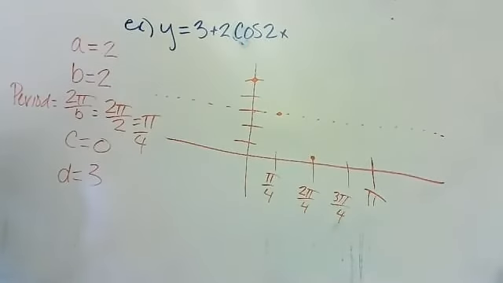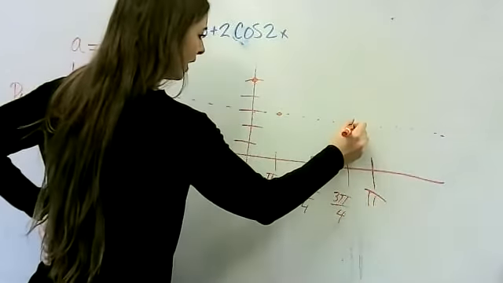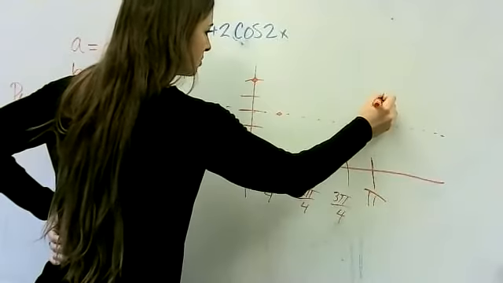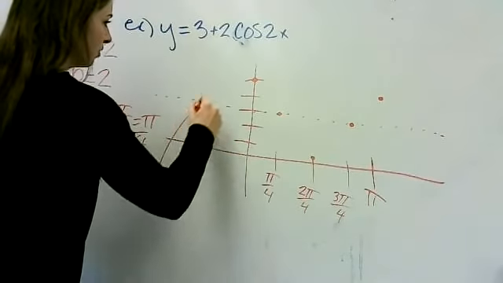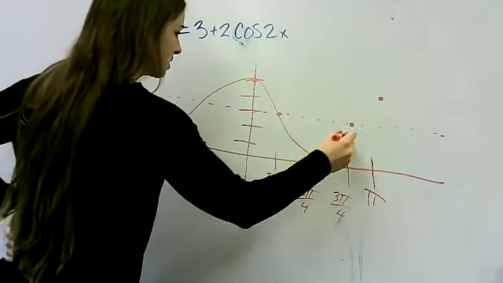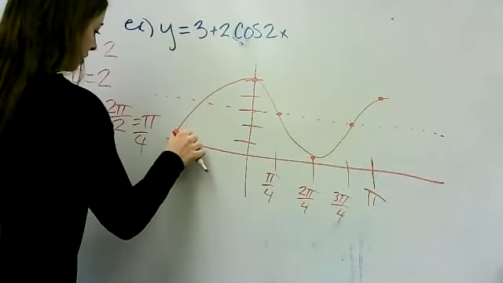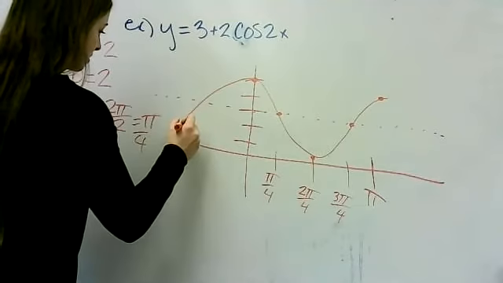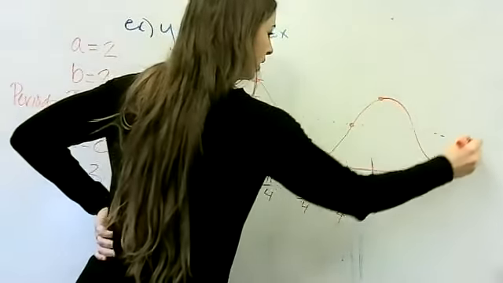Because that's 2 off of my center line. Back up to my axis, and back up to my top point. So I did this way too low, so sorry. That's why you don't guesstimate first. Continue on and continue on.